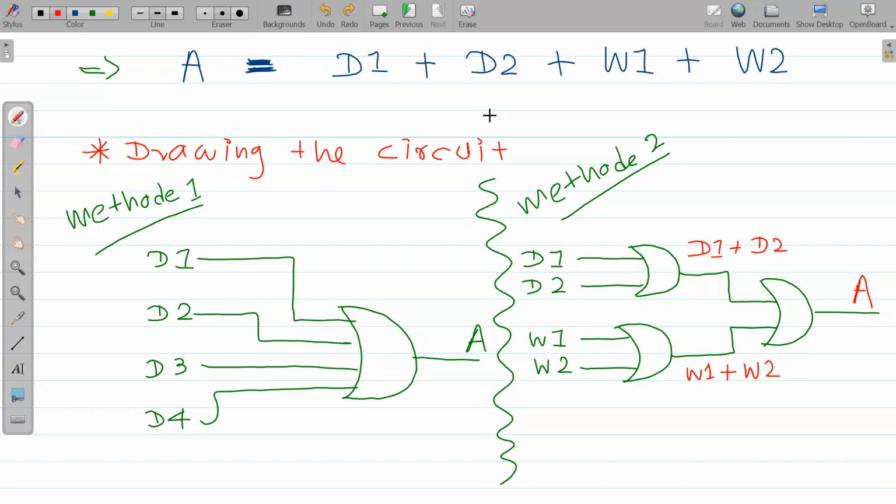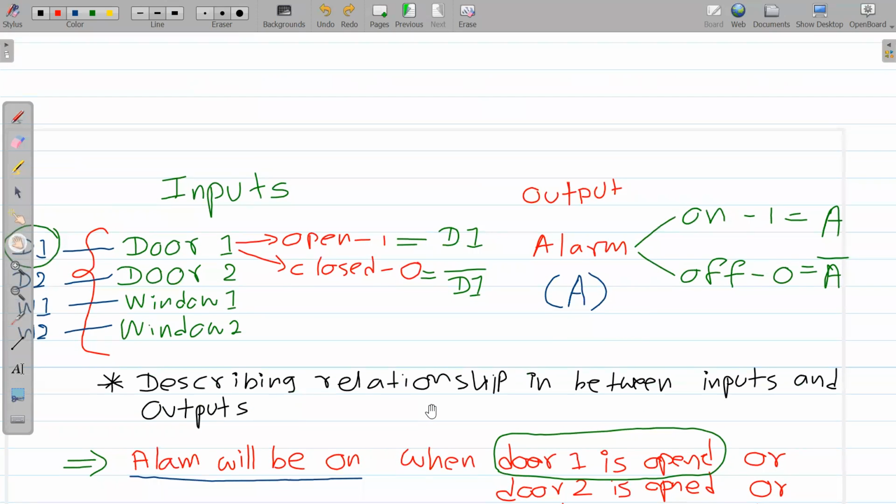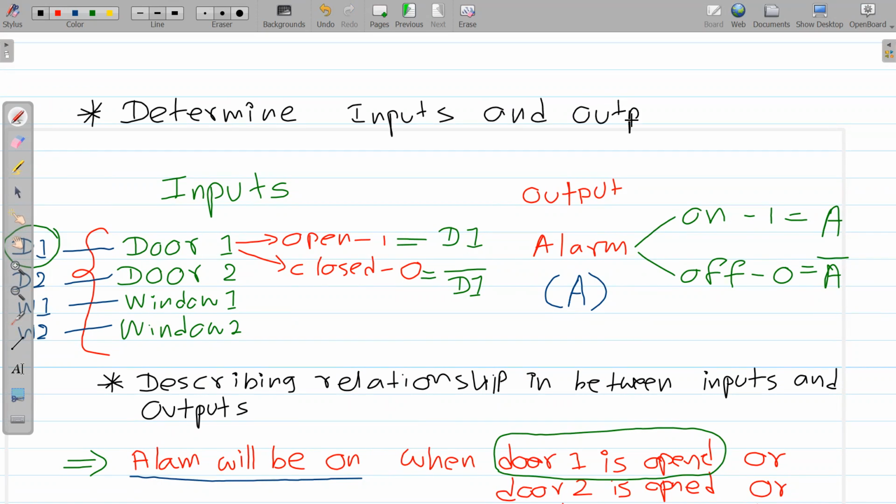So let me walk you through again the things that we have done. I'd better write at the top. So first, what we have to do is determine inputs and outputs. Output, it's better to say, because only one output will be there in your syllabus.